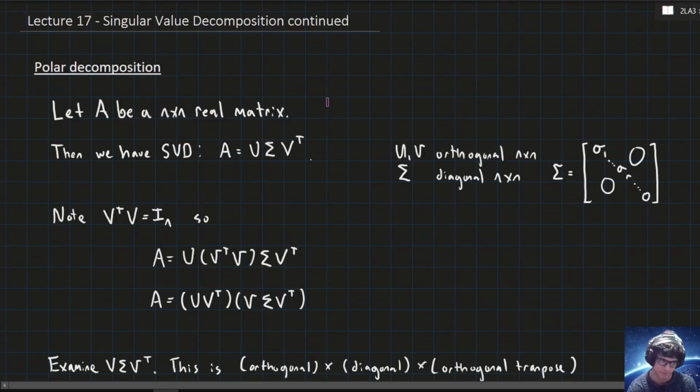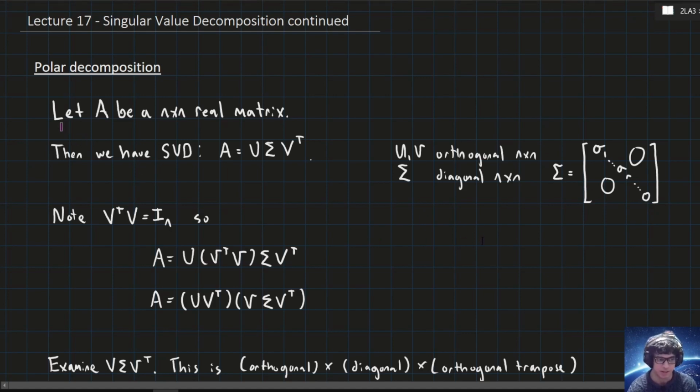Since the sigma is coming from the SVD, we know a lot about the singular values, what they can be. They're all real numbers, and sigma 1 through sigma r are positive real numbers, and there's possibly some zeros here. So we know the eigenvalues of S.